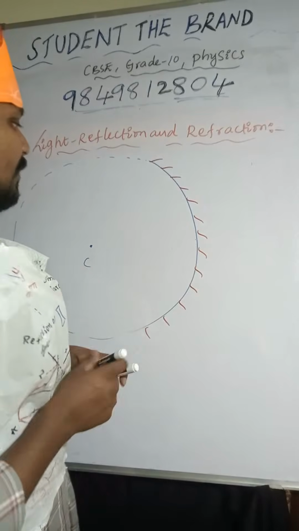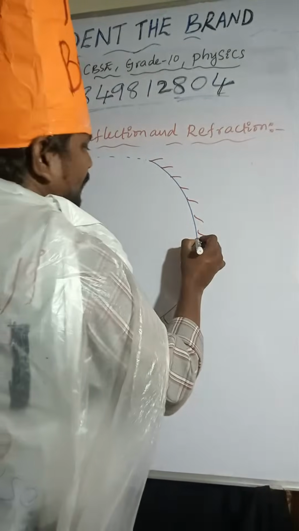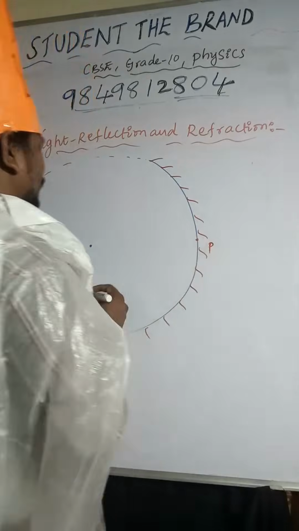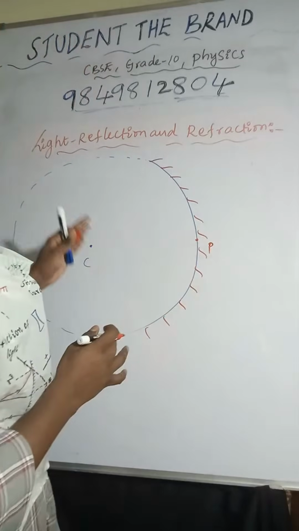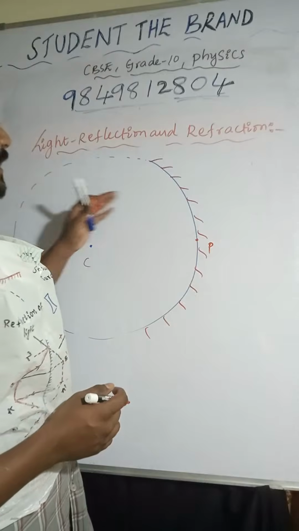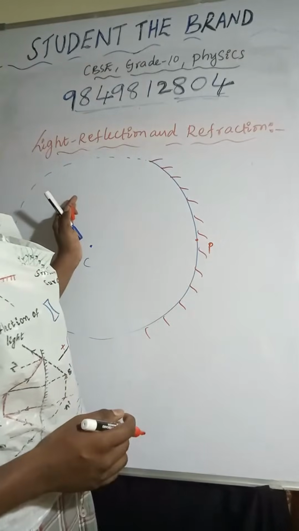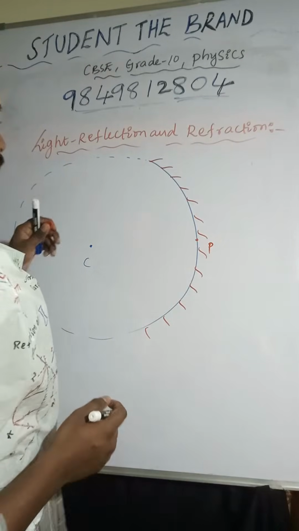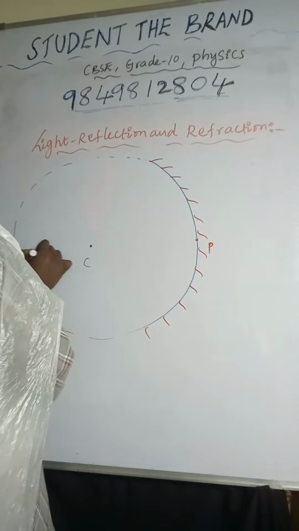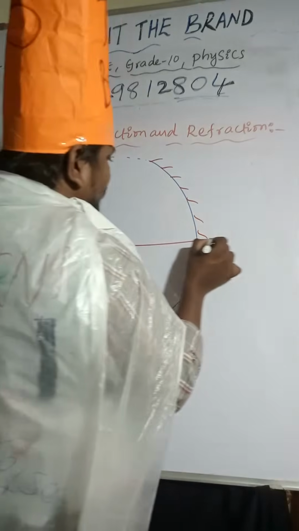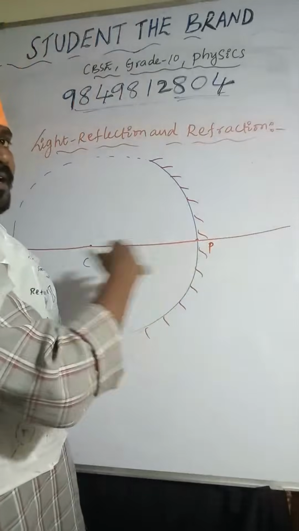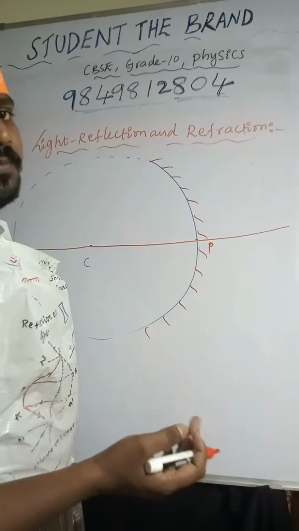Here the midpoint of the mirror is called the pole. And the center of the imaginary sphere in which the mirror is a part is called the center of curvature. The line joining the center of curvature and the pole is called the principal axis.